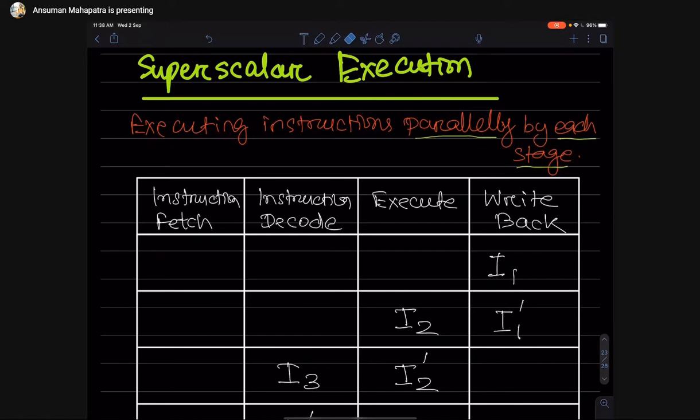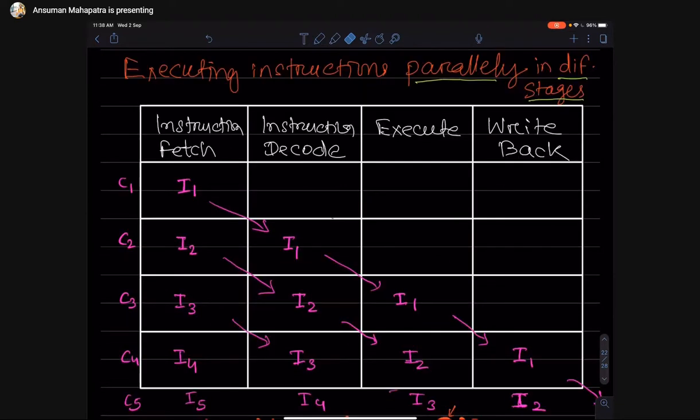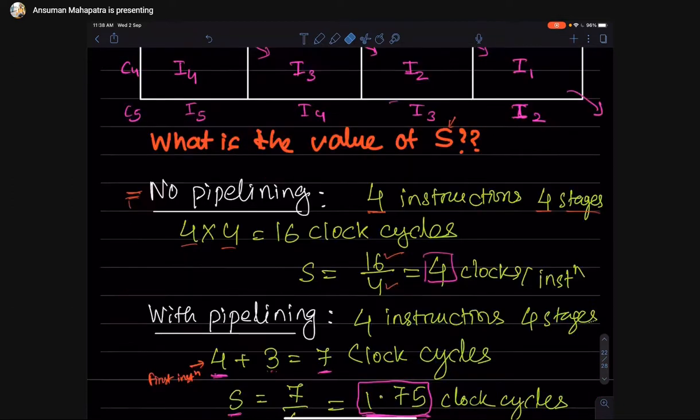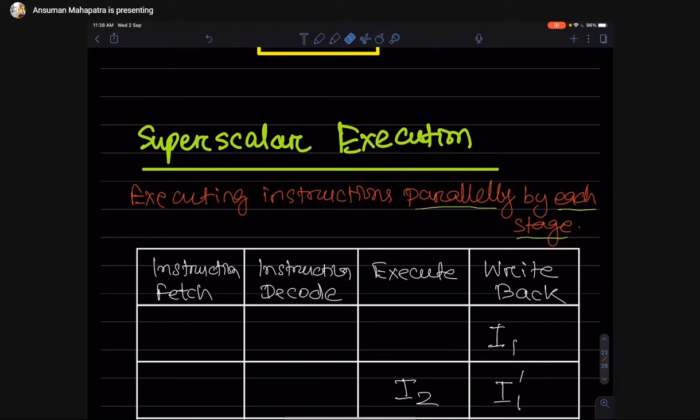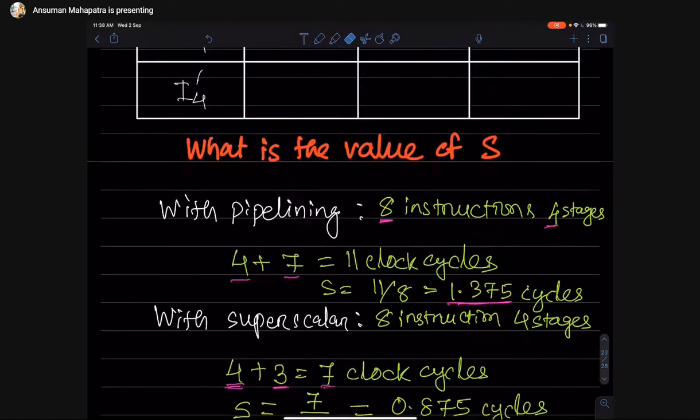This pipelining concept that I was telling is a very old 1990s technique. After that multiprocessors and multiple processing elements came, so superscalar execution can be done. In superscalar execution multiple instructions can be fetched and executed, so there is no problem.